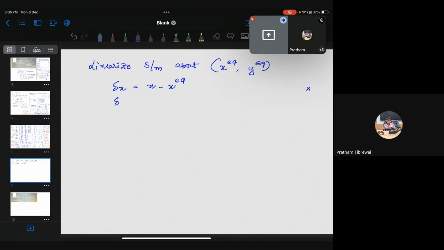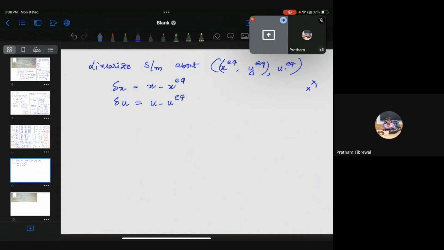Similarly, delta u equals u minus u equilibrium, in the input u. It means that the equilibrium also has u. Is my point clear?